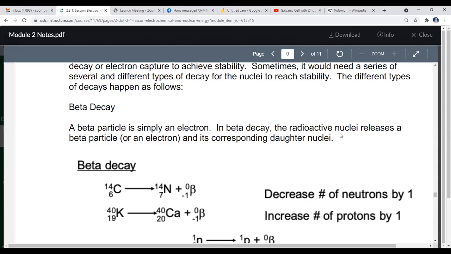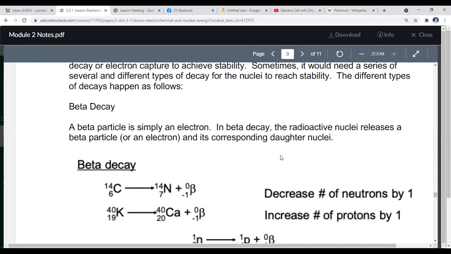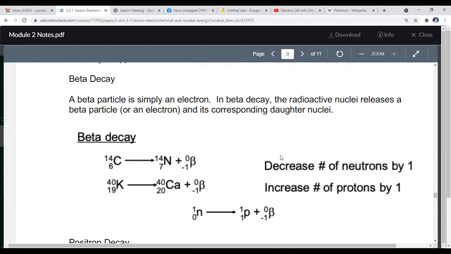So in this case, you have this example for beta decay. You have carbon-14 here, an isotope of carbon, because you also have carbon-11 or 12. Atomic number is 6. So it has here beta decay.